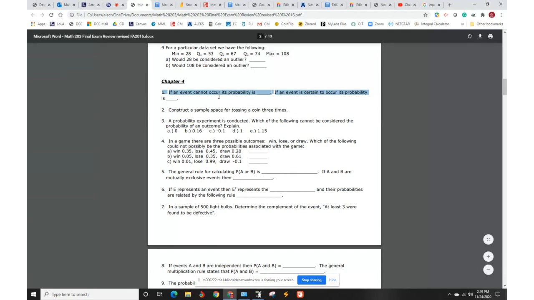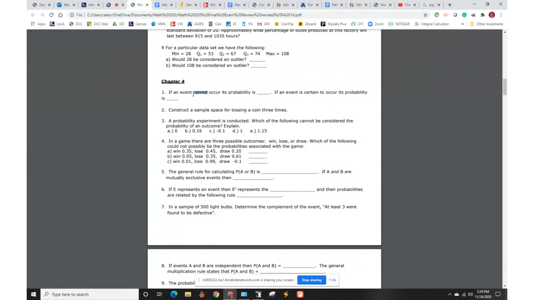All right, so probabilities are always going to be between 0 and 1 inclusive. So in other words, if something cannot happen or will not happen, its probability is 0. If it is certain to happen, it's 1. Remember what a sample space is?